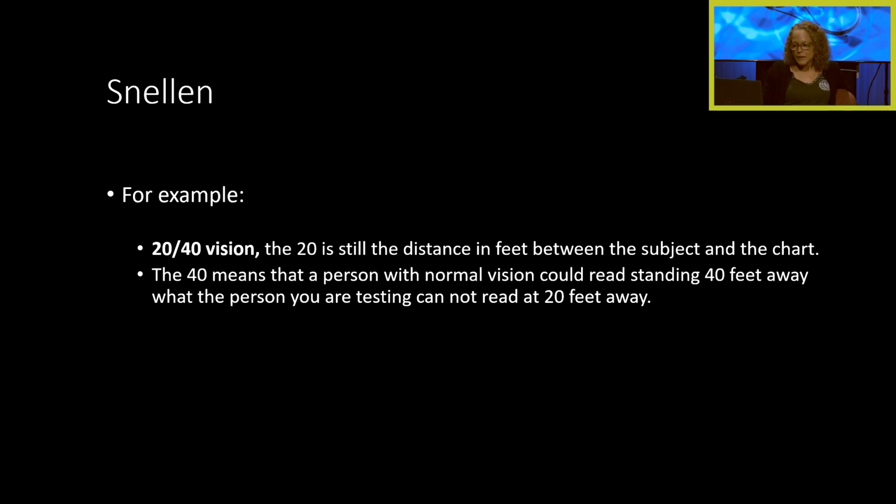So it actually means that they had a difficult time, and that somebody with perfect vision would not have had such a difficult time reading. In fact, they could have stood further away from the chart and they could have seen it still. So I hope that makes sense to you. If not, send me an email. We'll talk about it when we get together and meet.